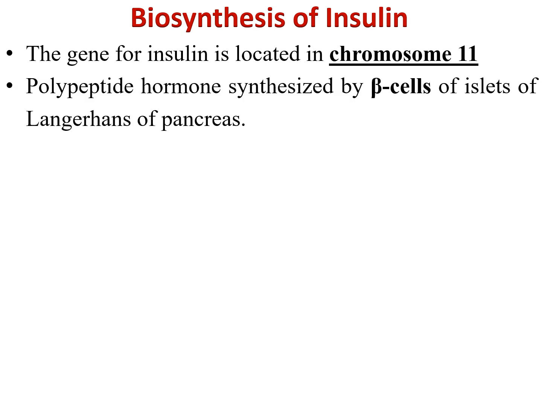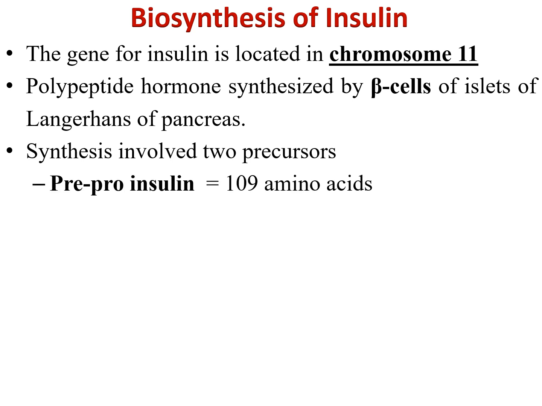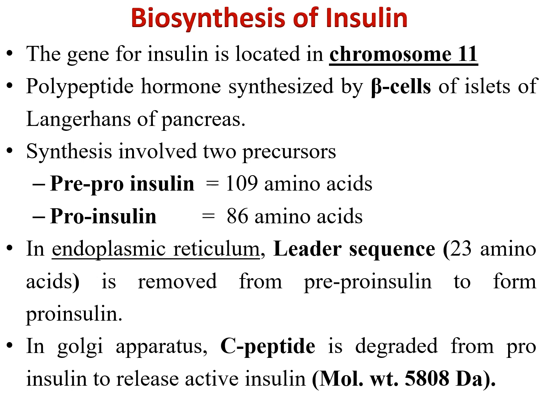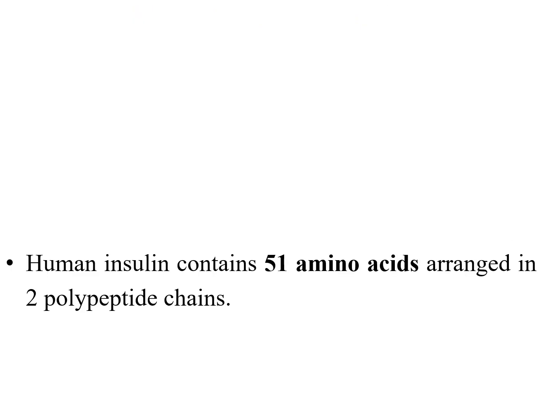Next, biosynthesis of insulin. This information is needed for a detailed question. For insulin, you have to write this very important subtopic in regulation of blood glucose. So I have given the location, chromosome 11, and where it is synthesized. I have told you, beta cells of the islets of Langerhans of the pancreas, with pre-proinsulin 109 amino acids, proinsulin 86 amino acids, and ER as well as Golgi apparatus, with the help of C-peptide degraded from proinsulin to release active insulin.